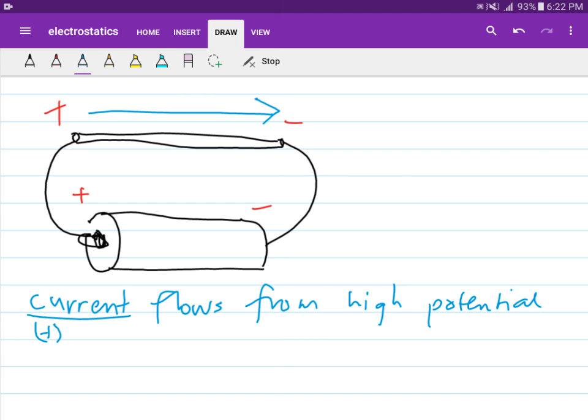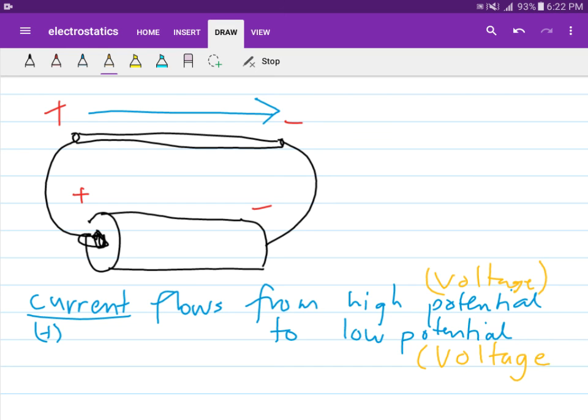So current flows from high potential to low potential, or high voltage to low voltage. So now we have the idea of voltage and current.